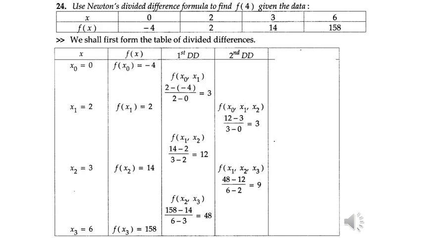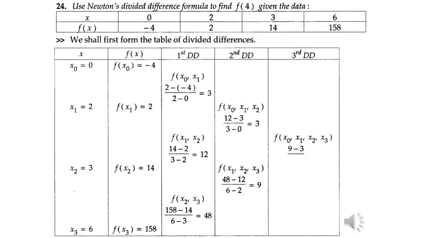Now let us go for the third divided difference. What is the entry here? It will be just extended here. We write x3 after x2 here. Now how do we find the value of this entry? It is 9 minus 3.